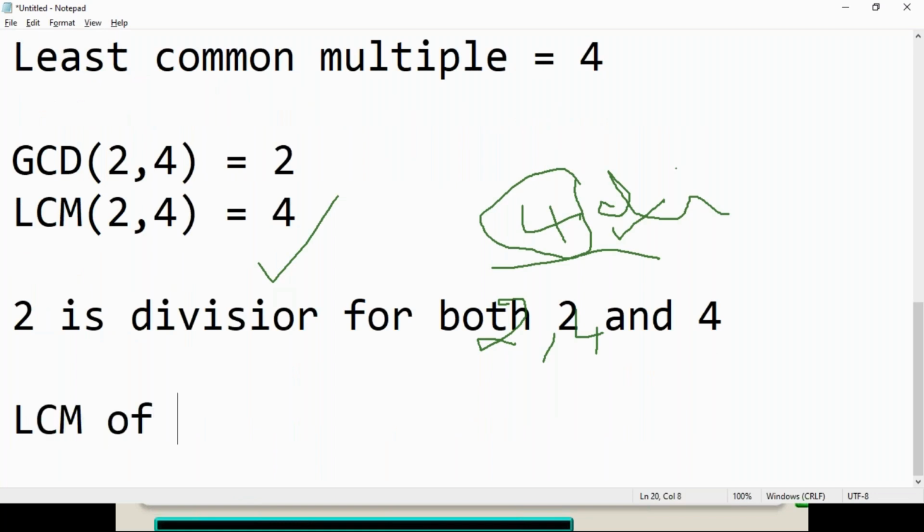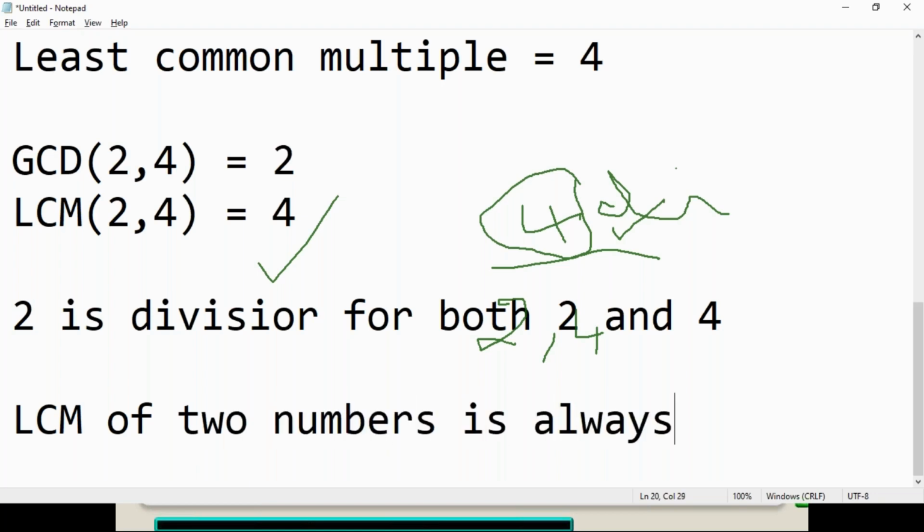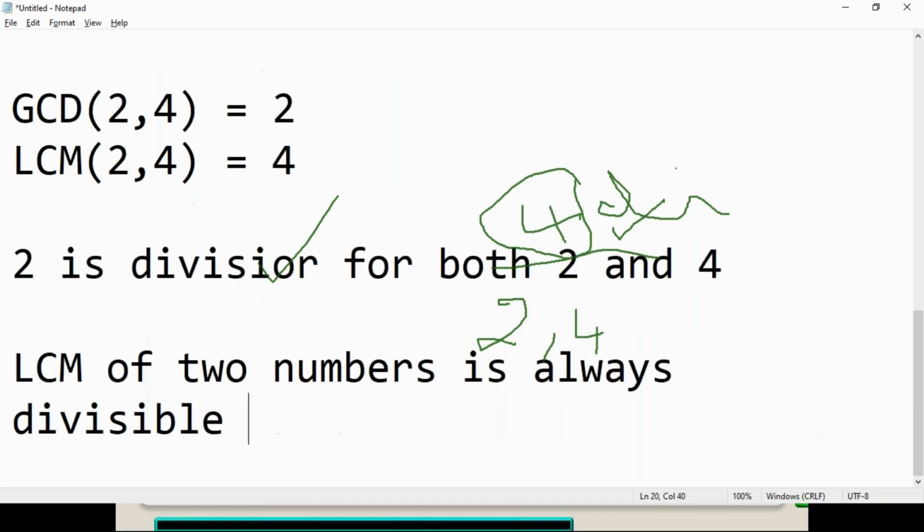LCM of two numbers is always divisible by the given numbers.